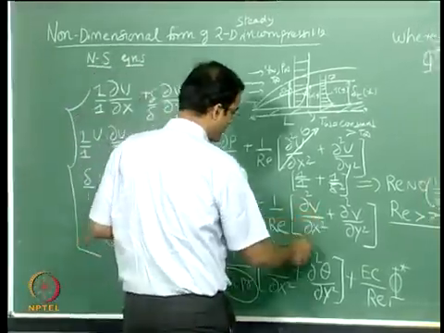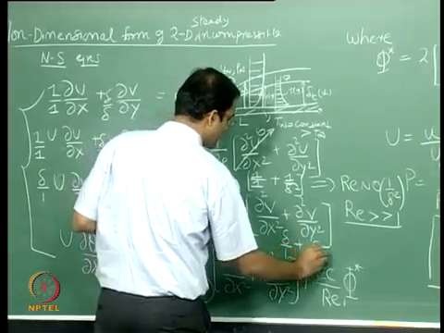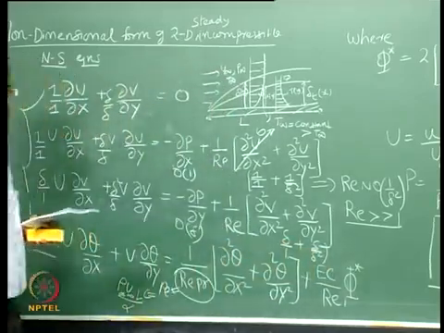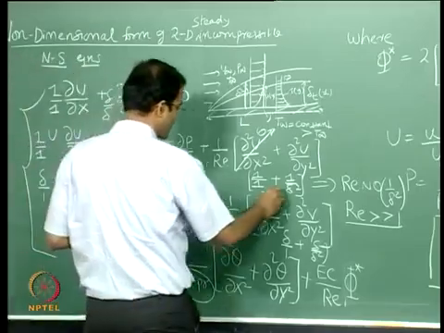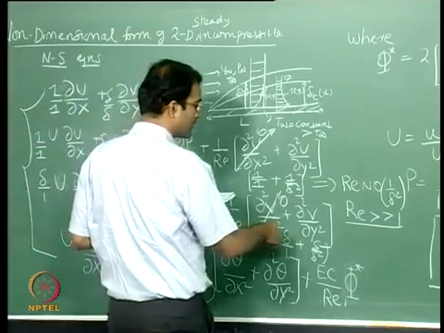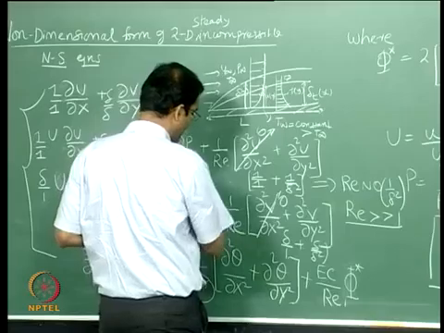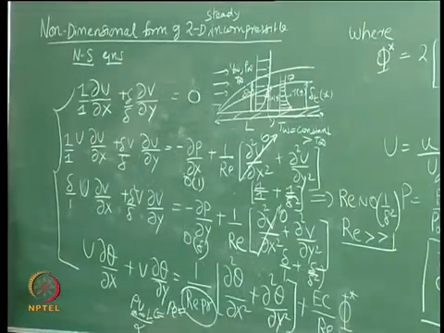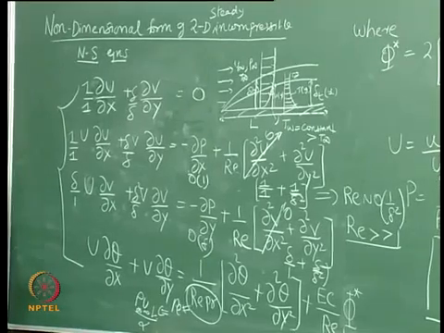Coming to these two terms, this is delta by 1 plus delta by delta square. So this is 1 over delta, this is delta. Which is the more dominant term? 1 over delta. So we can neglect this, and we already know the Reynolds number should be of the order of 1 over delta square. If you put that, you will find that now all the terms are of the order of delta.